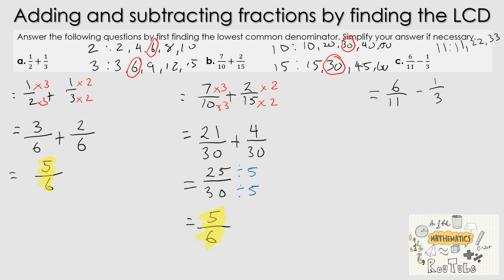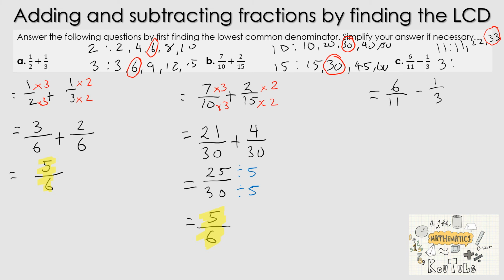Now 3, this one might be a little bit more difficult because you might have to list a few more multiples of 3. Okay, but essentially what you need to see is, does 3 go into the first multiple of 11, 11? No. Does it go into 22? No. Does 3 go into 33? Yes, it does.